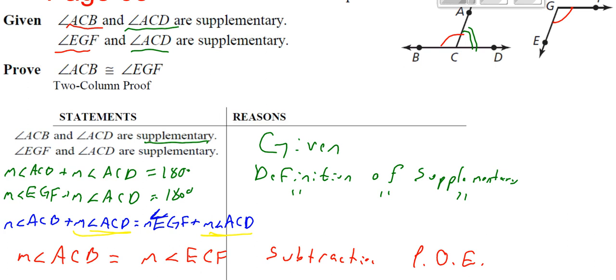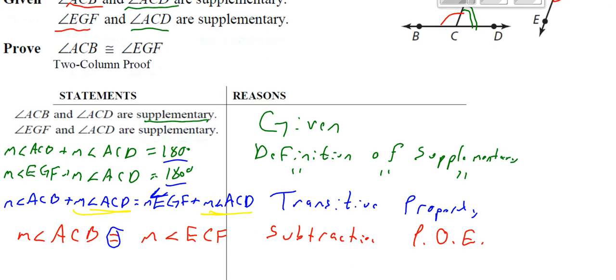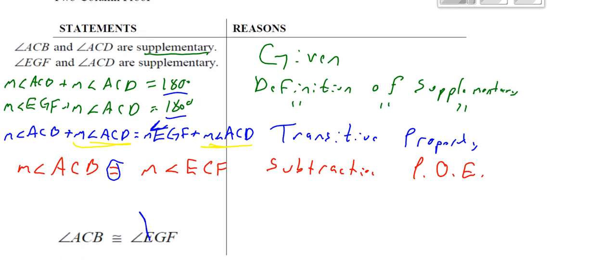As I'm moving over to my statements, I see I forgot to put my reason there. If they're both equal to 180, then we're using our transitive property. We're getting close there, but we're missing our congruence step. So then we can say that angle ACB is congruent to angle EGF.